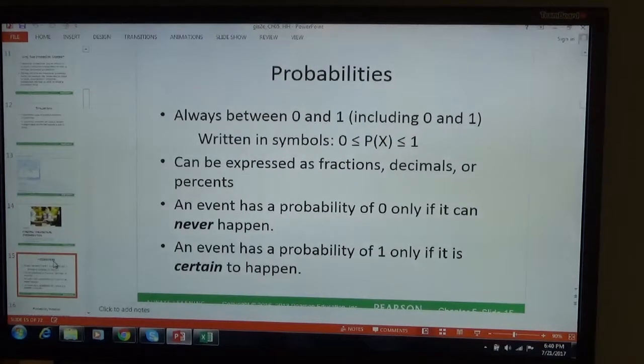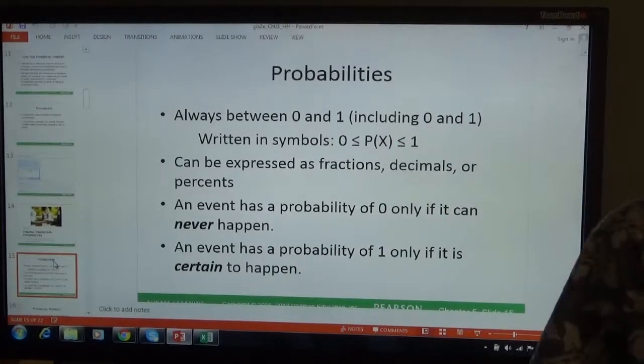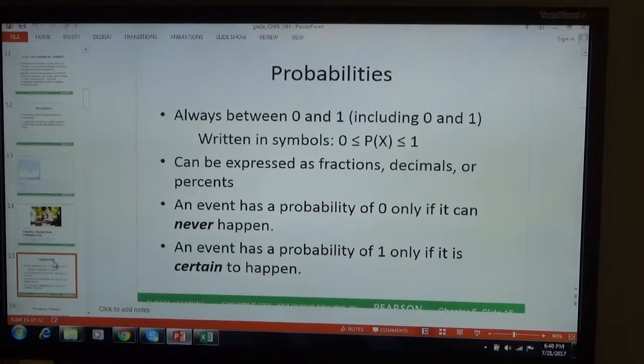Okay, so this one: the probability is always between 0 and 1. It cannot be a negative number. It cannot be greater than 1. So that's 2 points in the homework or quiz. You will see a bunch of numbers and be asked which numbers are probabilities and which are not.